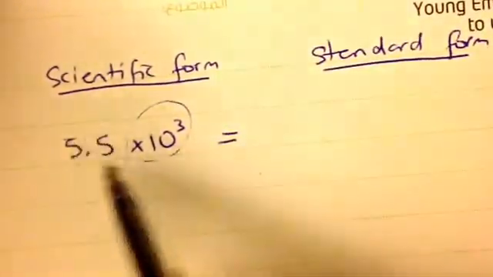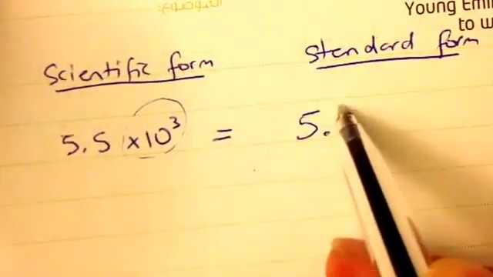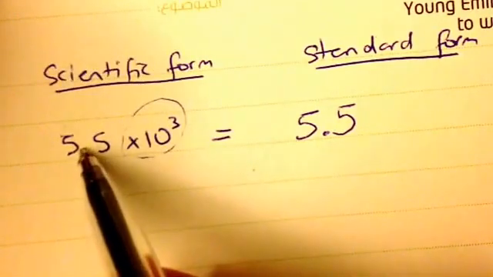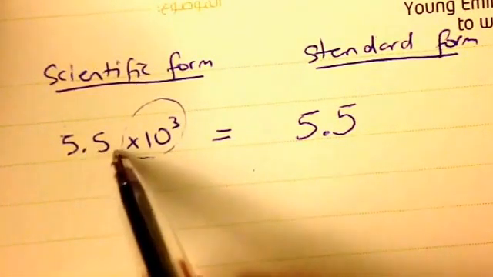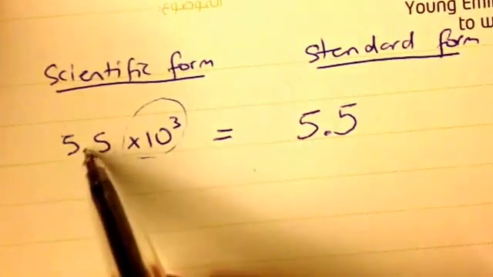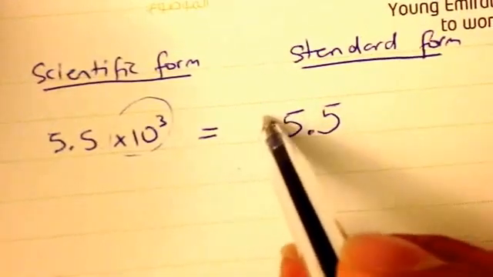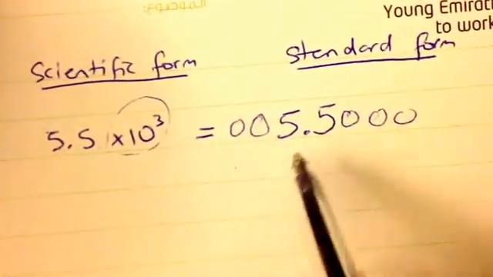We write this number here, 5.5. If there was no dot given in the question, like if it was 55, you would always add the dot at the end. But here the dot is given, so we just copy the number, 5.5. We're going to add a few zeros either side of the number to help us out.